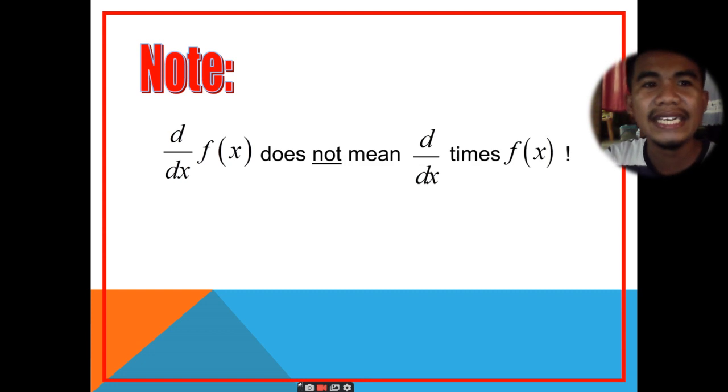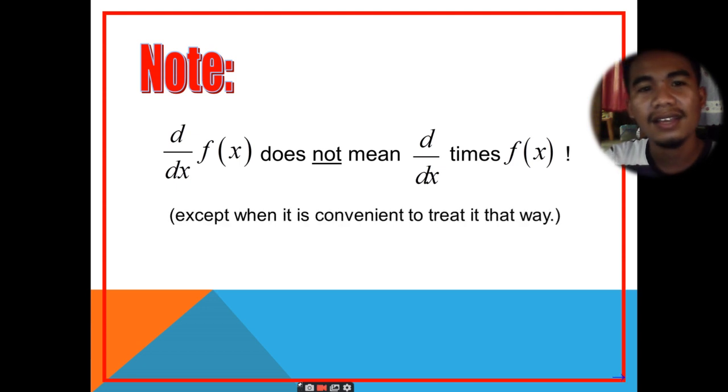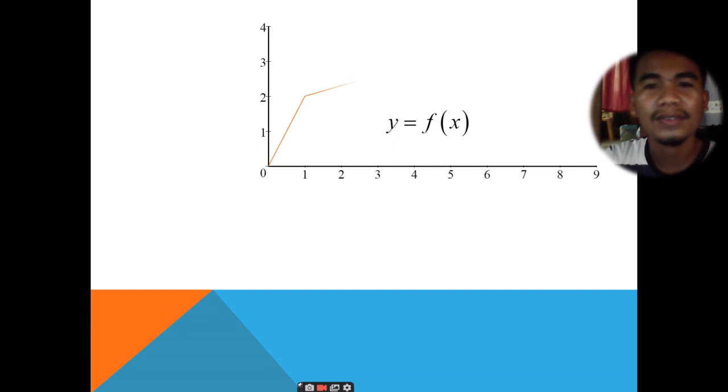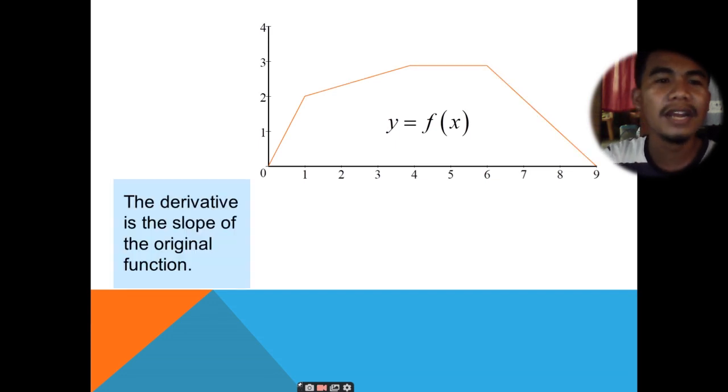So this d/dx of f of x does not mean d divided by or d times f of x, except when it is convenient to think so, right? This one is the derivative, the slope of the original function.